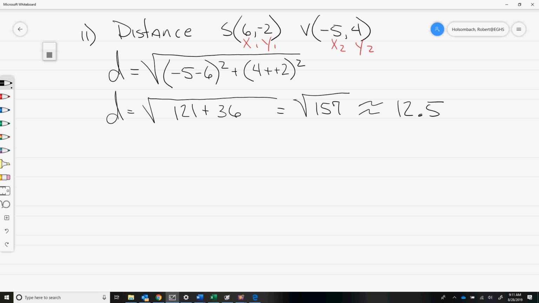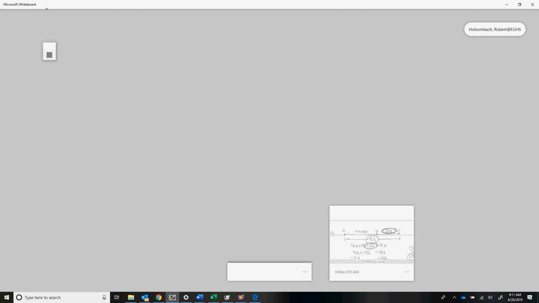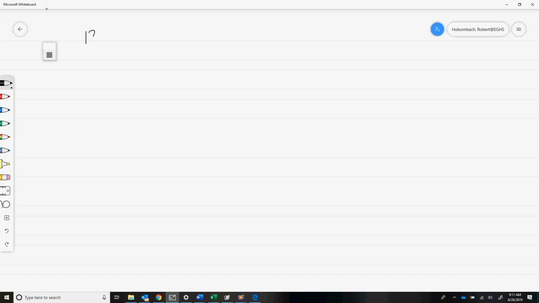All right, number 12. This is a good one to finish on. Find the length of CD. C to D equals, C is at negative 4, D is at negative 1.